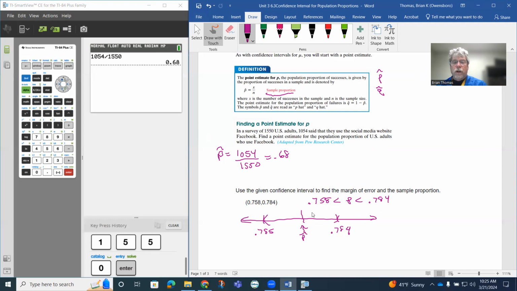So to find the margin of error, notice how we could determine the full distance across here. If I want to find distance, remember that's a subtraction problem. It looks like I wrote that down wrong there. That should be 0.758.